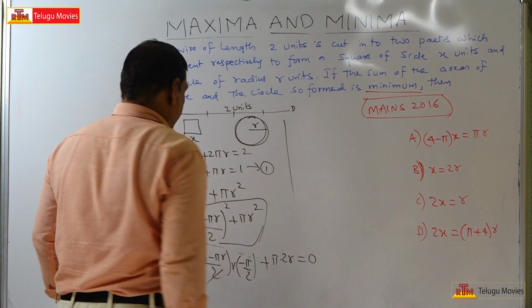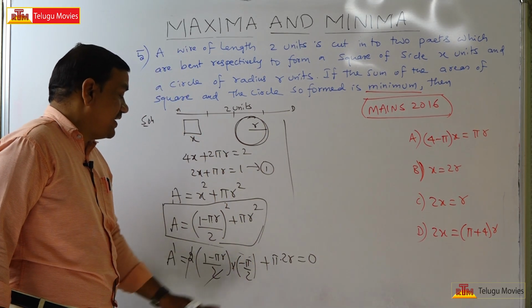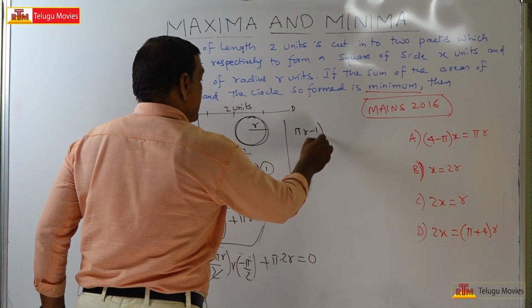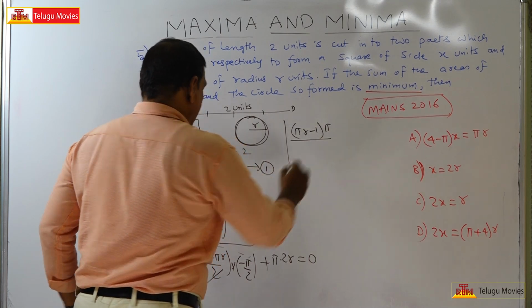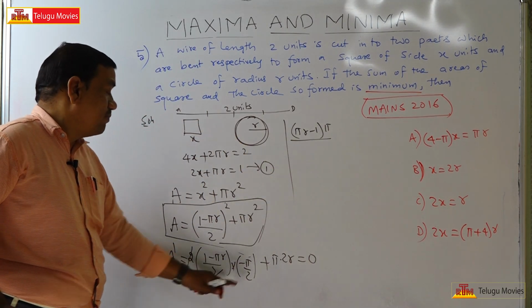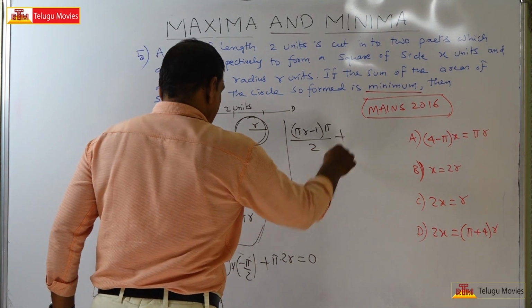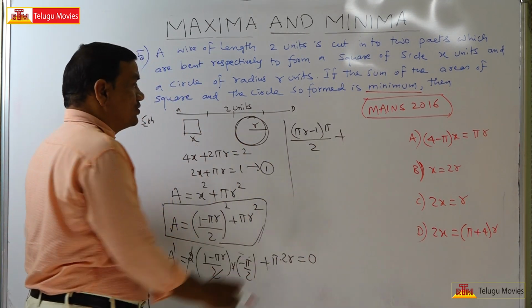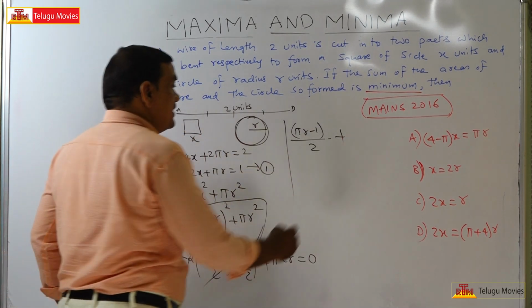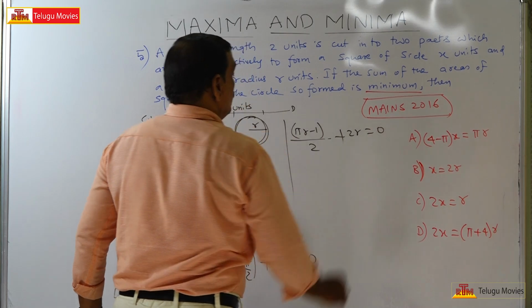What happens here? This is 1 minus pi r, so minus is there, so you can write this as pi r minus 1 by 2, here I am multiplying by minus. Plus, of course I am cancelling pi, so pi cancels, here also pi cancels, plus 2r is equal to 0.